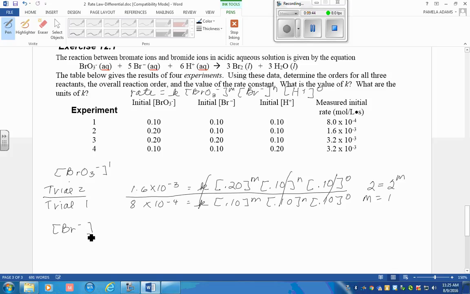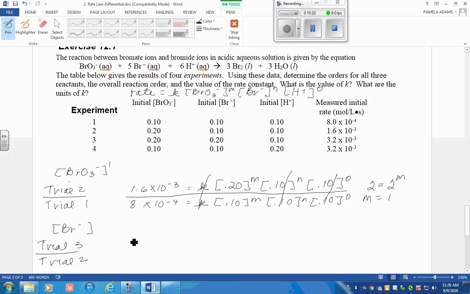For the bromine ion, now I want to see where the bromine changes but the others do not, and that would be experiment 3 compared to experiment 2. So that's trial 3 compared to trial number 2.